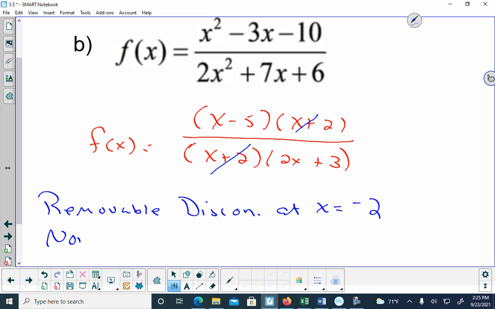We have a non-removable discontinuity at x is equal to -3/2.